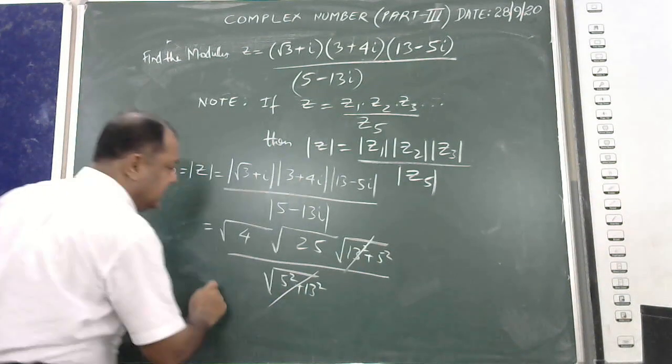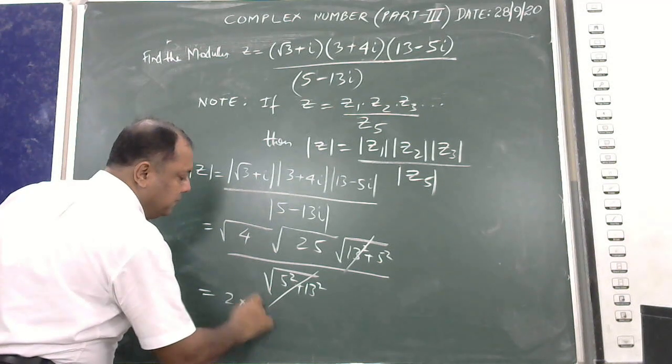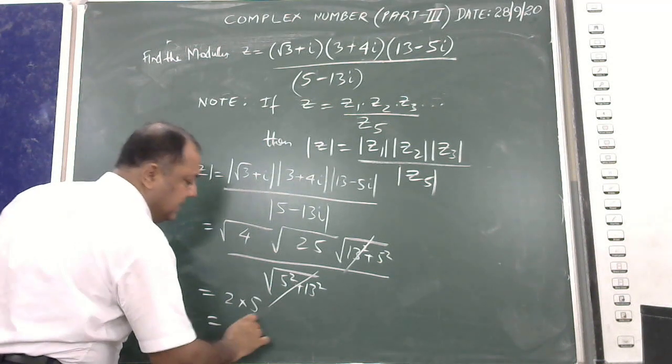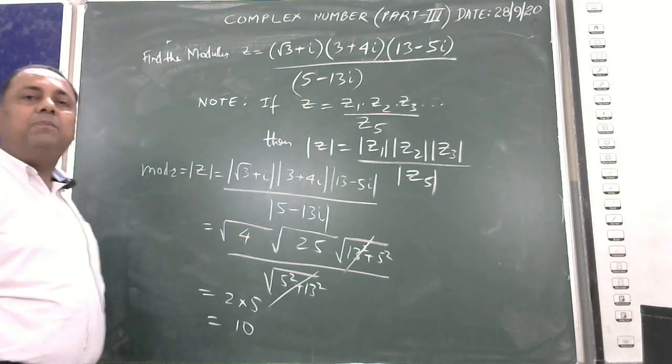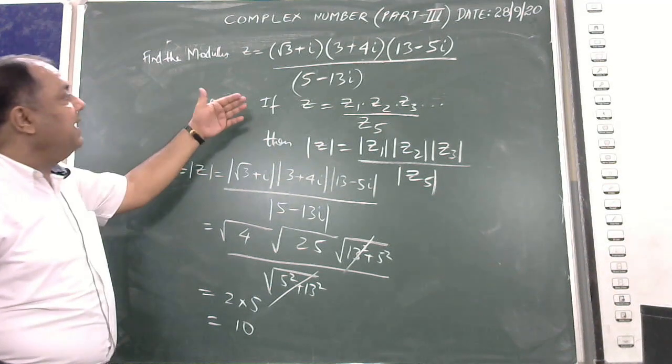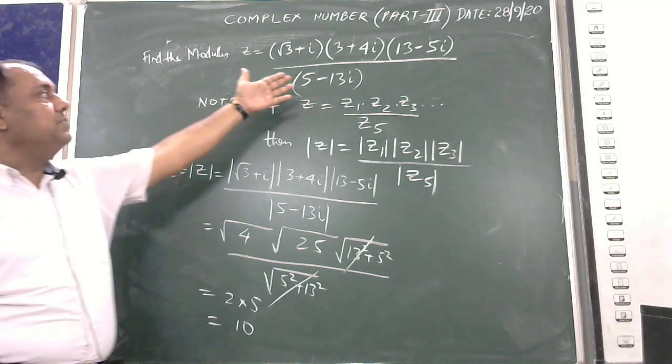These two get cancelled. 2 into 5 is equal to 10. 10 is the modulus of the complex number given as z.